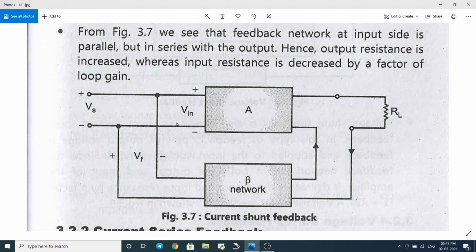Because the input circuit and the feedback network are in parallel. And we know in parallel the resistance value decreases. In series we have the addition, but in parallel the total resistance decreases.